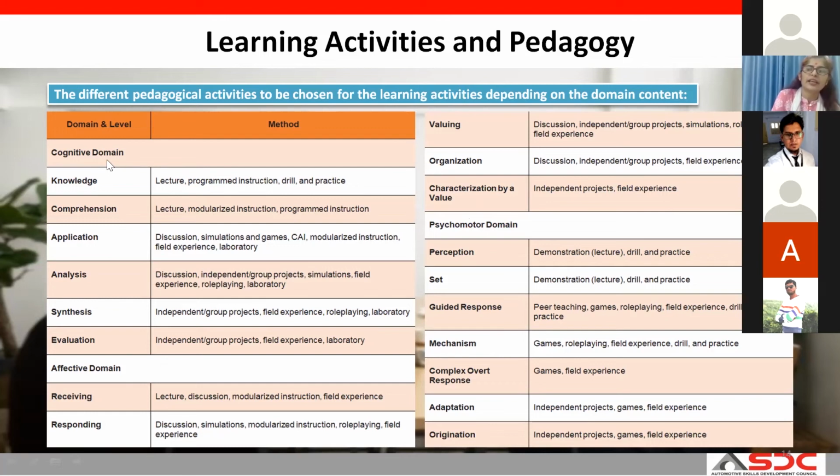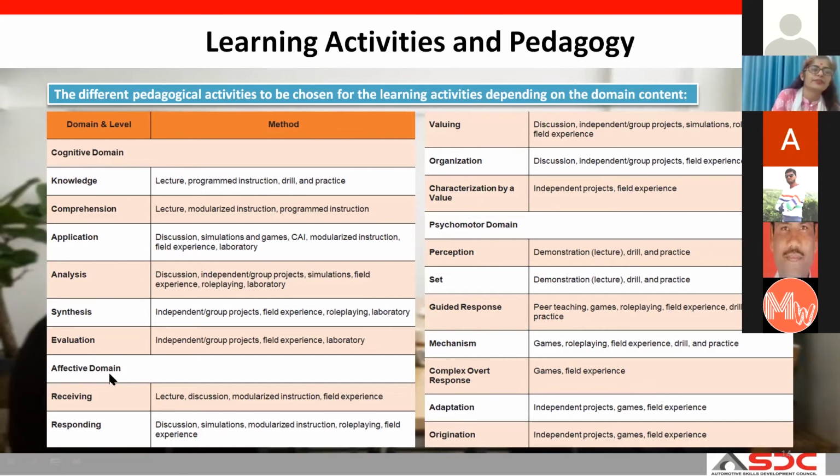Cognitive means knowledge. Wonderful. What will affective domain be, skill or attitude? One is psychomotor and one is affective. Yes, wonderful. So now I hope you all understood that cognitive, affective, and psychomotor domains are nothing but knowledge, attitude, and skill.